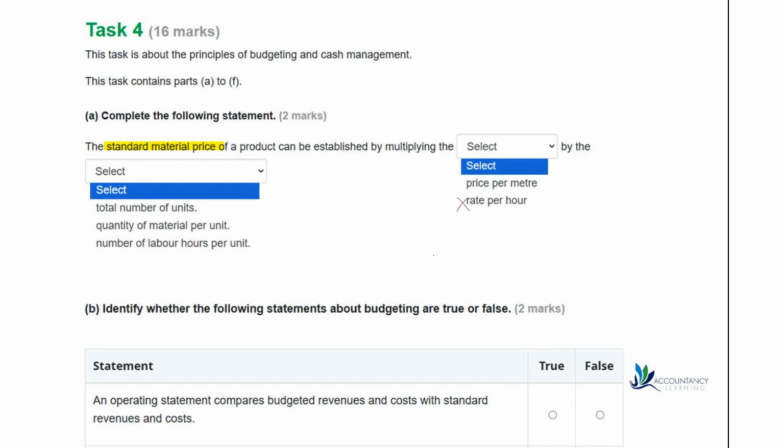Rate per hour is not going to apply because that's labour, and neither is the number of labour hours per unit. So we're going to take the price per metre and multiply it by the quantity of material per unit. So how much per unit of the material does it take to make that product?